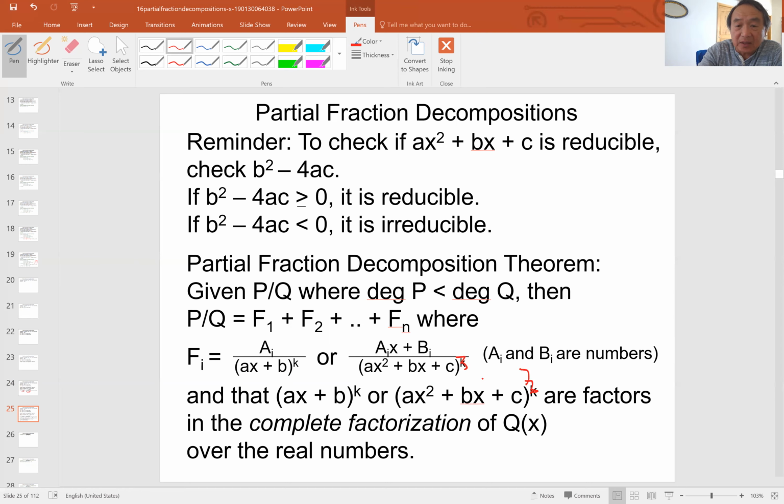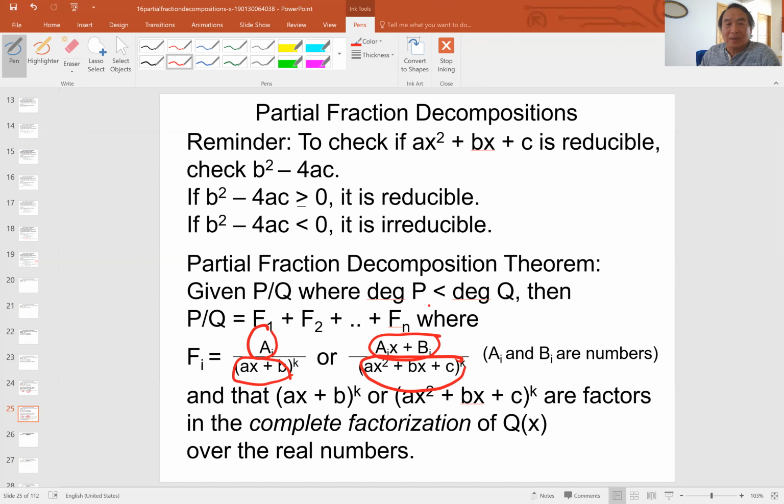But since k is 3, that automatically implies it contains power 2 and power 1. So you must also have a term with the second degree, and also a term with the first degree. So for any kth power, you will need one of those. Second, for the linear terms, the top is a number. For the irreducible second degree term, on top is a linear function.